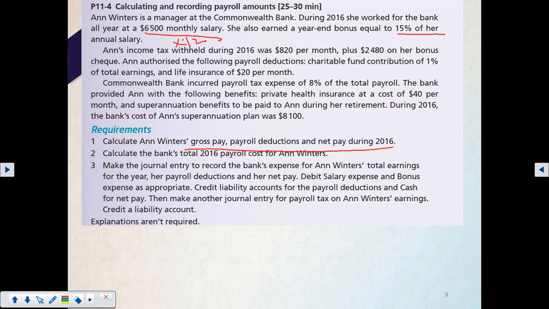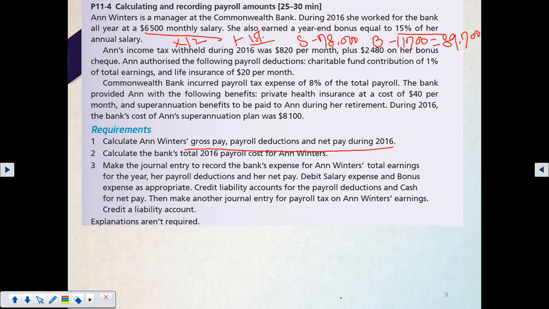The salary is 78,000 and the bonus is 11,700. If I add together, it is $89,700. So you record it this way first.